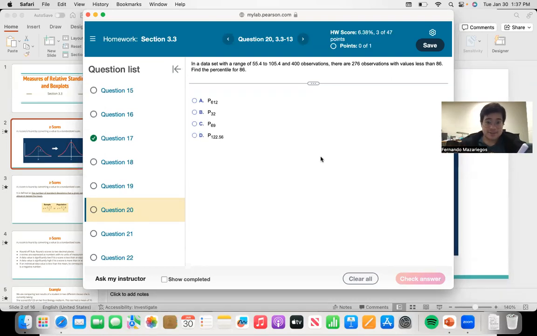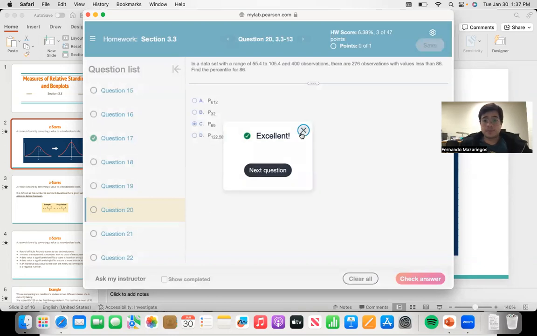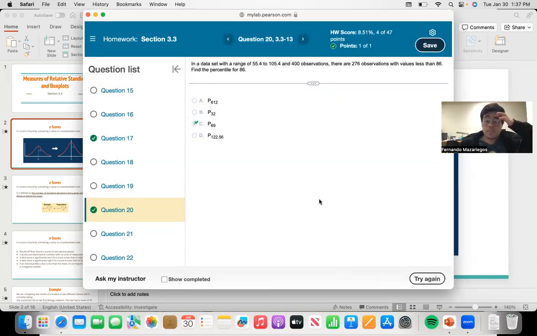So if we do that, we get 69. So that is the percentile. What we're saying with this is 69% of all the data values are below 86. And that is the definition of percentile 69. That is the percentile of 86.